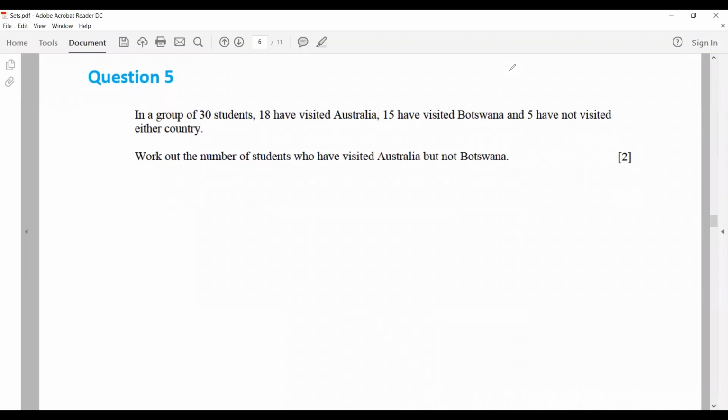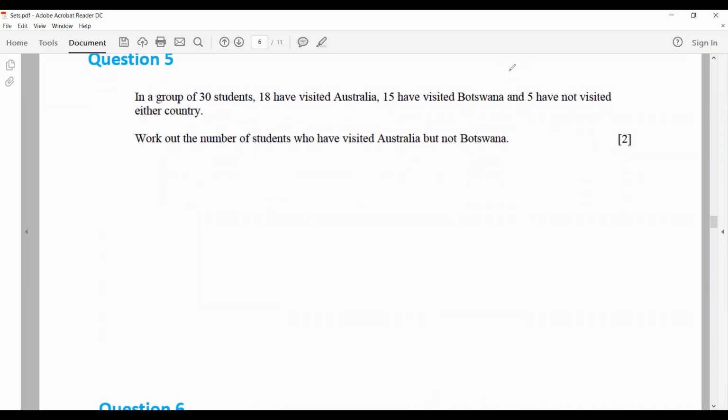Yes. So in the next question, they give a bunch of information, and then we have to figure out the number of students who have visited Australia, but not Botswana. Okay, we have 30, 18, and 15.